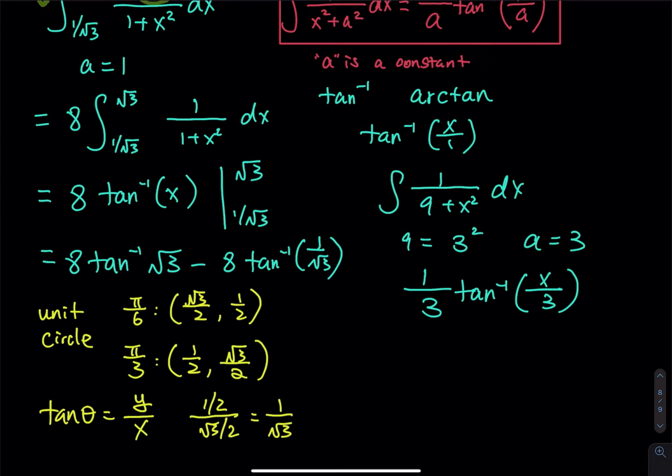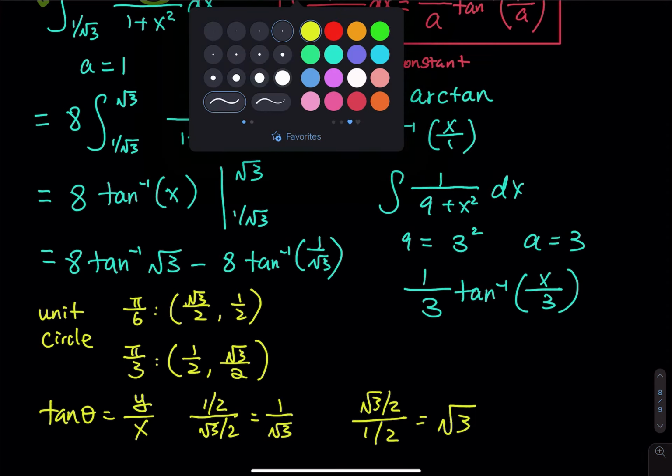You could rationalize that by multiplying top and bottom by root 3, but actually, you don't have to rationalize. And then for the other one, we take y over x: root 3 over 2 divided by 1/2. So this one is just root 3.